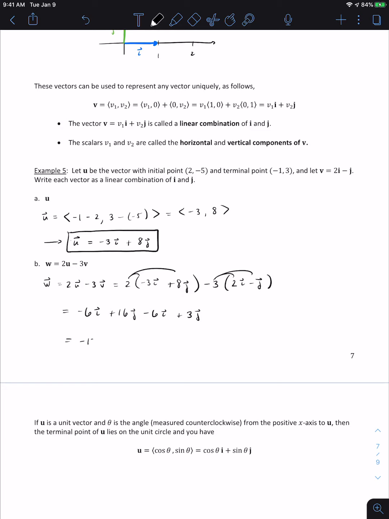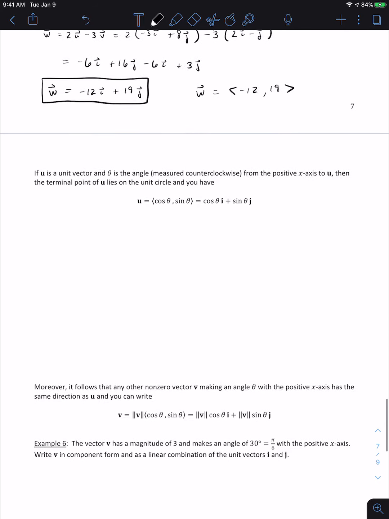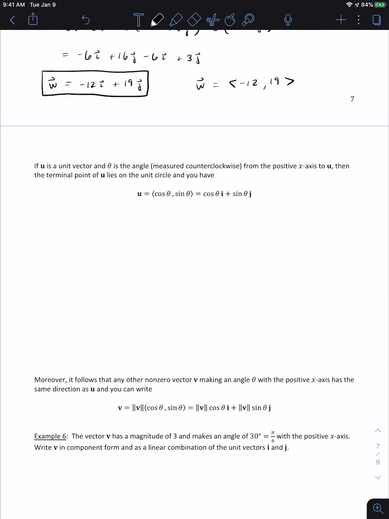So I get -12i plus 19j. And that was what w was, written as a linear combination. I could also write w as (-12, 19) in vector form. Okay, so if u is a unit vector, that means it has a length of 1.